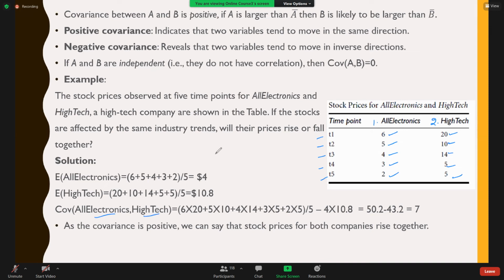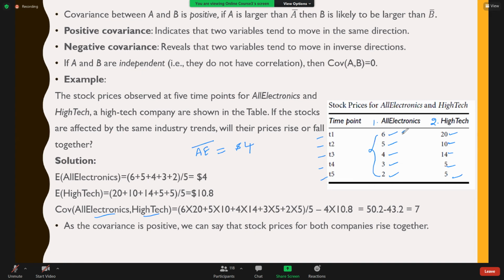What is the expectation of All Electronics? Its mean is calculated using all the possible values for the 5 time points we are considering: 6 plus 5 plus 4 plus 3 plus 2 divided by 5, which is $4.